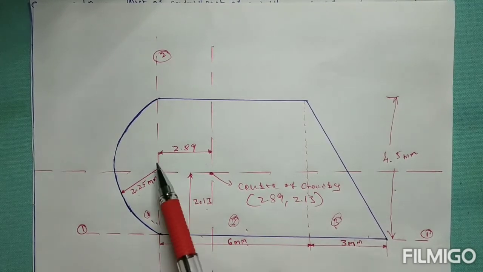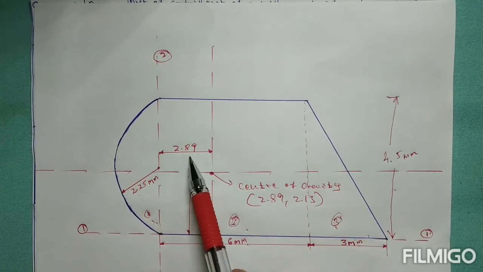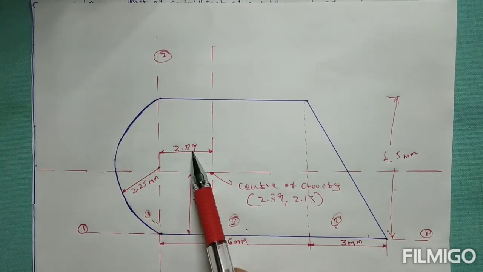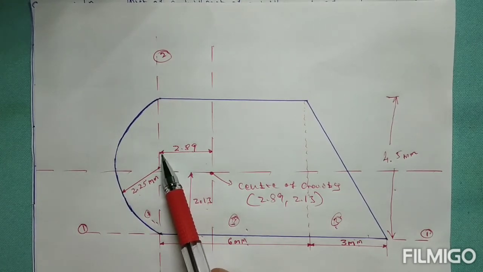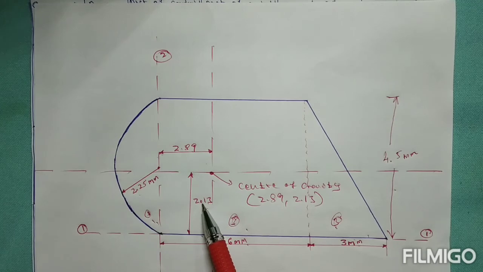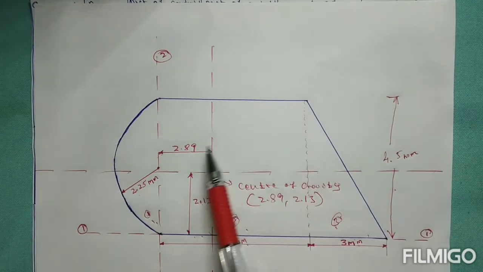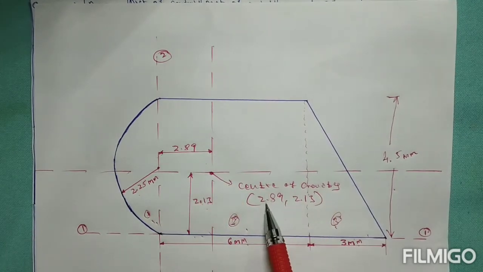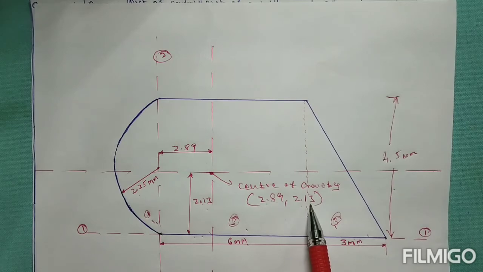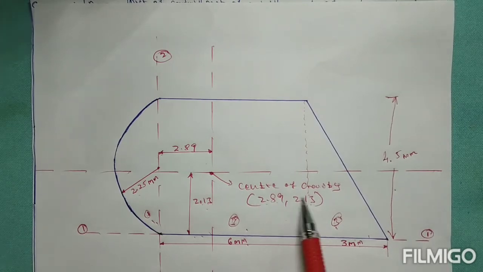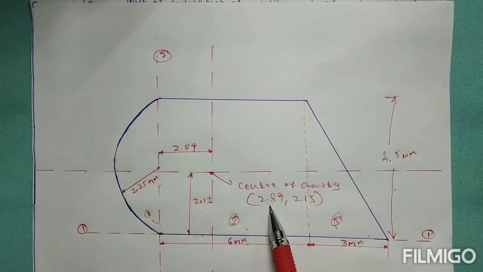Similarly from reference axis 2-2 you have to draw 2.89, that is the x bar. So these x bar and y bar meet at this point, and that will be the center of gravity of this composite section. That is, x bar is 2.9, y bar is 2.13. These will be the coordinates of your composite section.